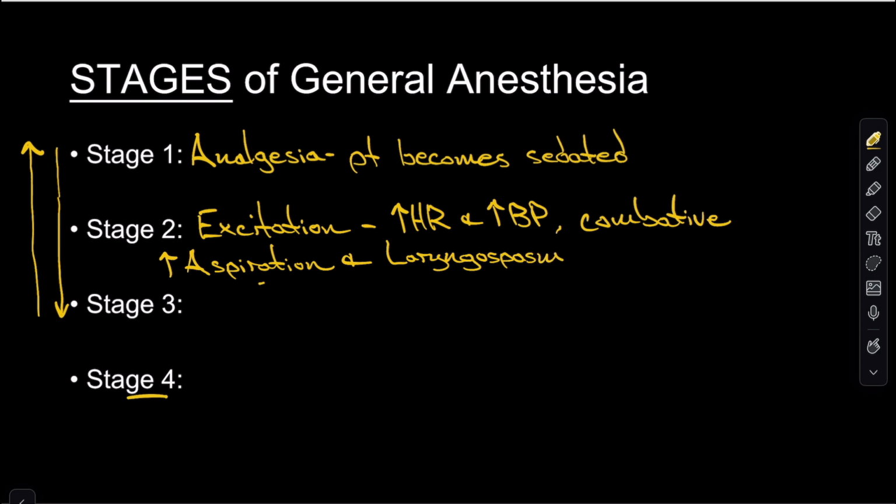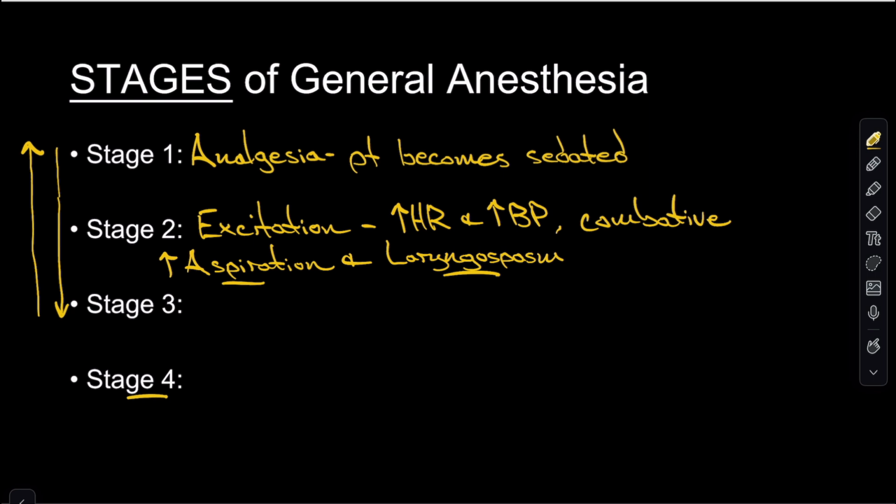Because of this, I guess 2 different points I'd like to make. You don't want to extubate a patient during stage 2 because they're at increased risk for aspiration. And it could also trigger a laryngospasm. Additionally, especially with kids who might be more sensitive to laryngospasm, you want to be very careful when they're in stage 2 to not cause any sort of noxious stimuli.